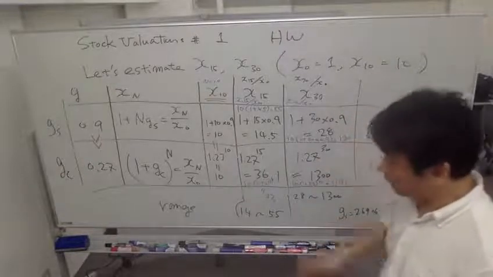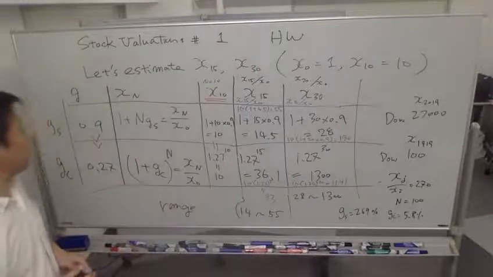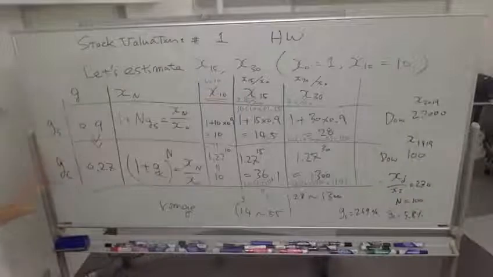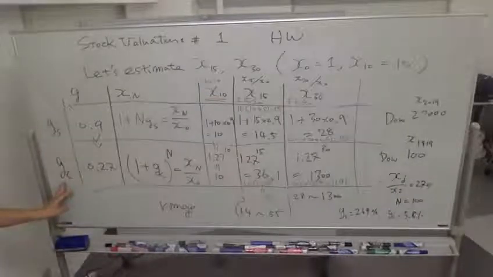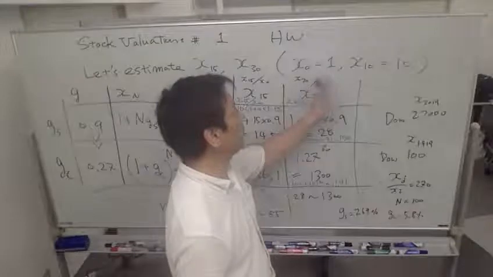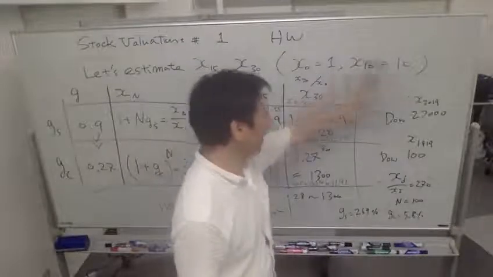Last lesson, we gave you two definitions of growth. One is G simple, GS, and the other is G compound. I gave you full information: X0 is 1 and X10 is 10.